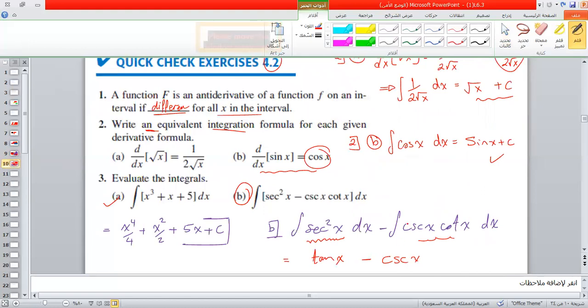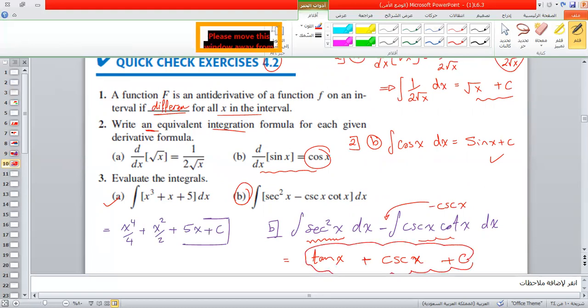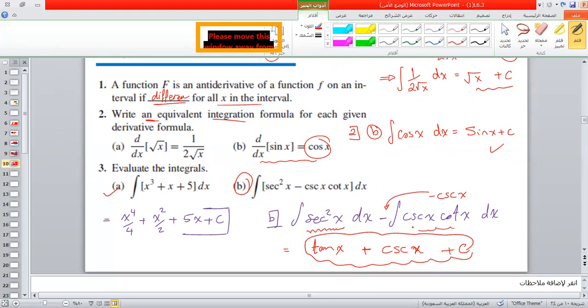Negative cosecant, negative, and this all will be negative cosecant x, but negative by negative gives positive: cosecant x plus c. So this is our final answer. Please ask me if you have any question. Any questions? Is it clear for you?